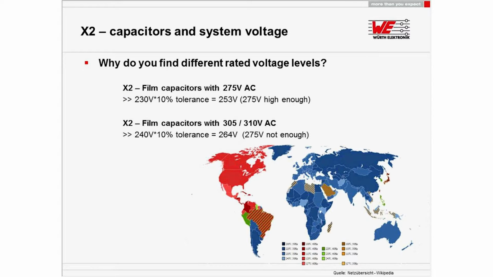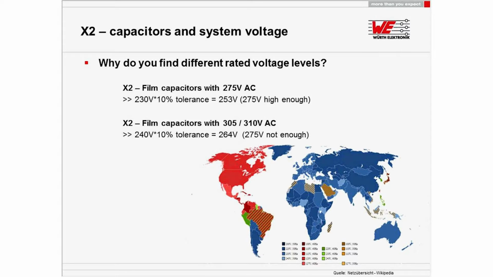If we go further to the separation between voltage categories, in the case of X capacitors, in the past there also existed 250 volt. Mainly they are not existing nowadays. So what you will find nowadays is 275, and also products for 300, 305, 310.